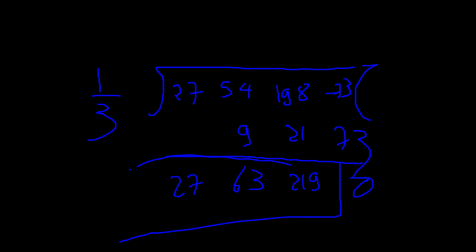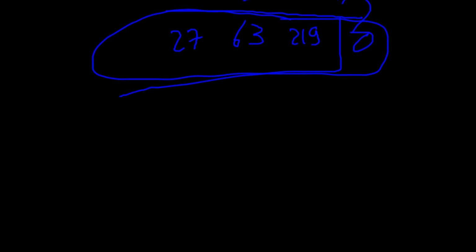That's it. That is our required equation, which is 27 x to the power 3 plus 63 x square plus 219 x equals 0.